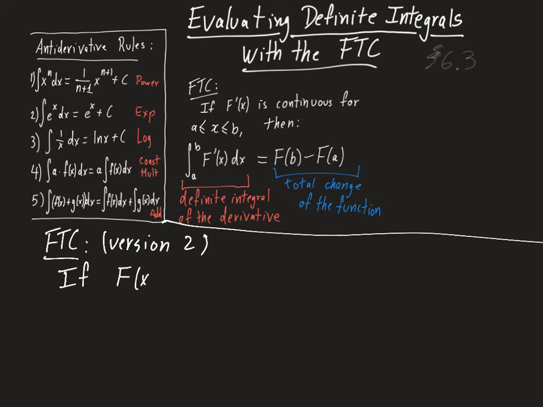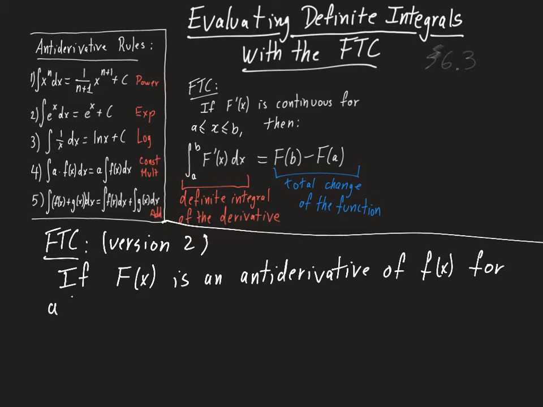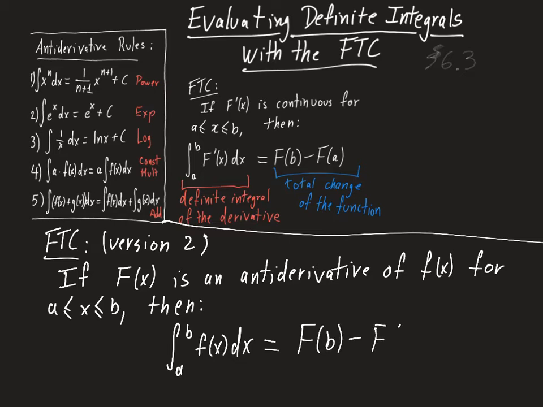If capital F of x is an antiderivative of lowercase f of x, and again, this is for a less than or equal to x less than or equal to b, then the integral from a to b of lowercase f of x dx is equal to capital F of b minus capital F of a.